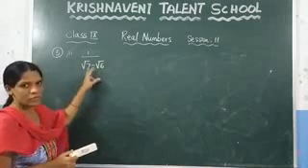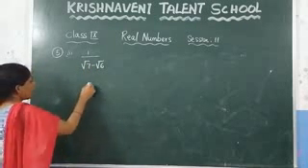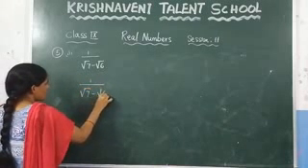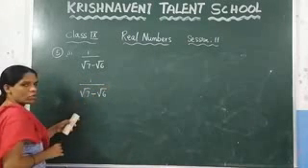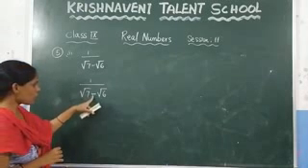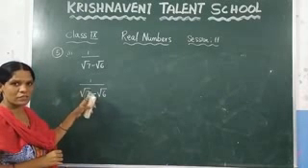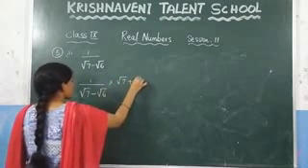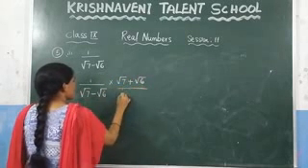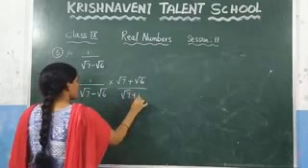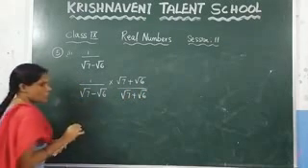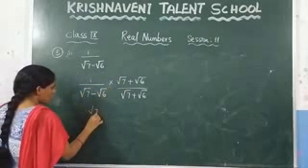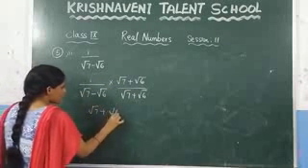Again you need to rationalize with root 7 plus root 6. So here, if you rationalize, what do you get? Root 7 minus root 6. Here minus is there, so we need to rationalize with plus. So here into root 7 plus root 6. Since we are multiplying, we need to divide with the same thing, root 7 plus root 6. Now here, 1 into root 7 plus root 6 is nothing but root 7 plus root 6.